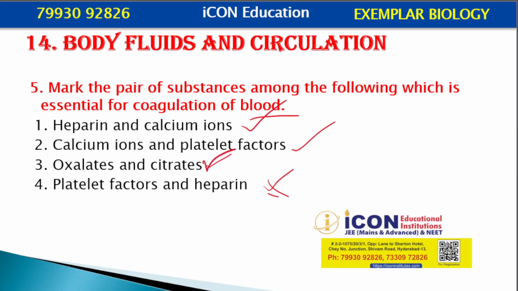Oxalates and citrates are also correct, but we are asking which is essential for coagulation of blood in the human body. So considering the human body, I am selecting calcium ions and platelet factors.